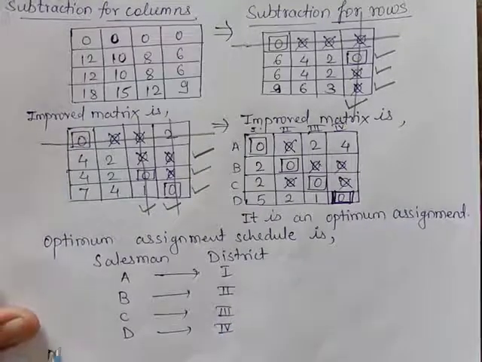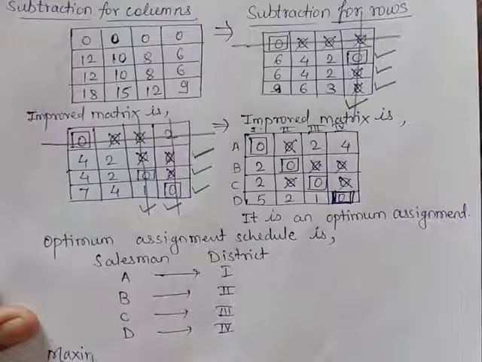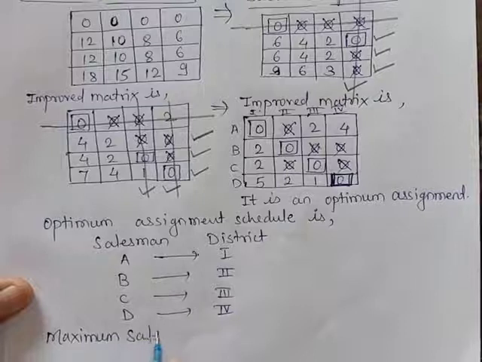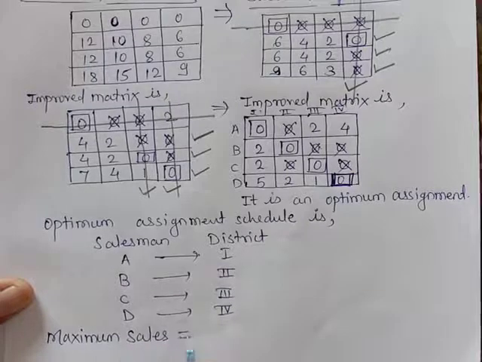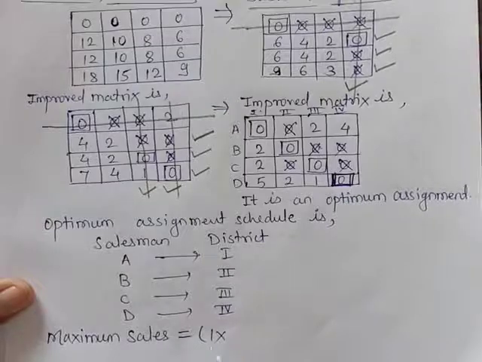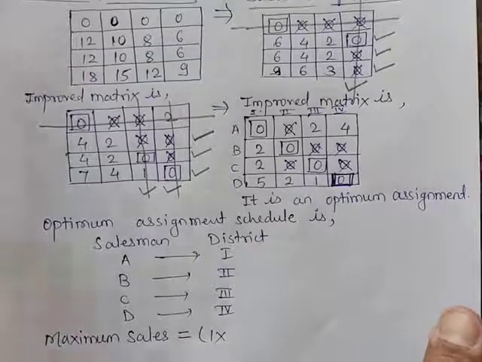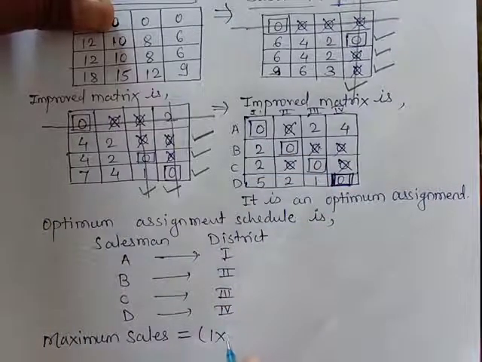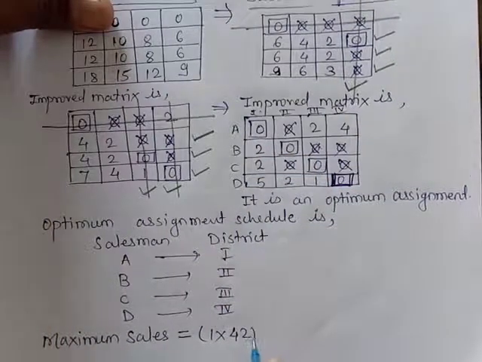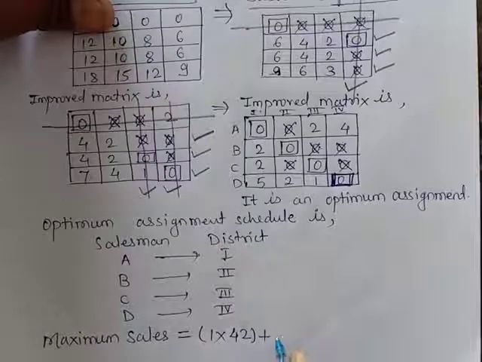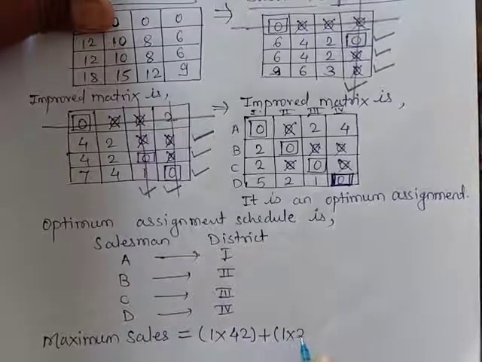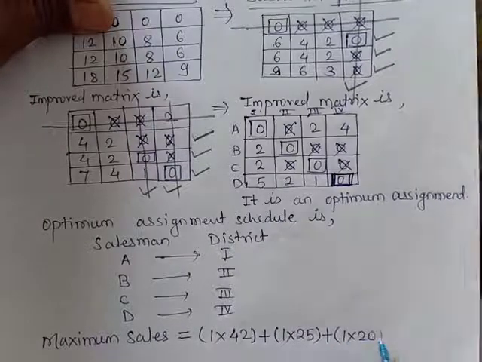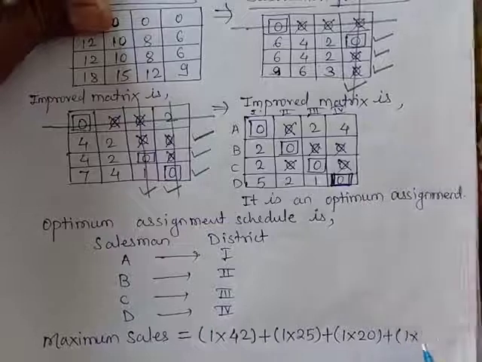Now we have to determine the maximum sales here. Maximum sales is equal to 1 into, in the original matrix, for the first district the cost is 42. Then plus 1 into 25. Again plus 1 into 20. And plus 1 into 12.